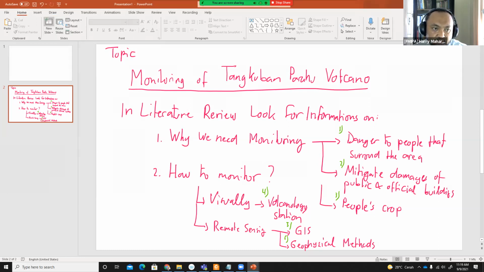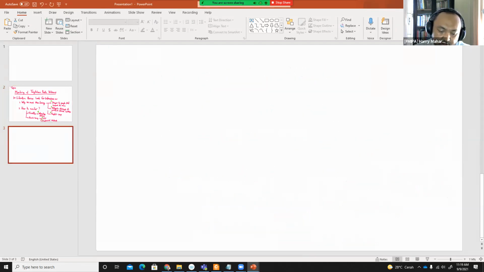So for example, for the first topic, danger to the people that surround the area. Danger for the people in the area.